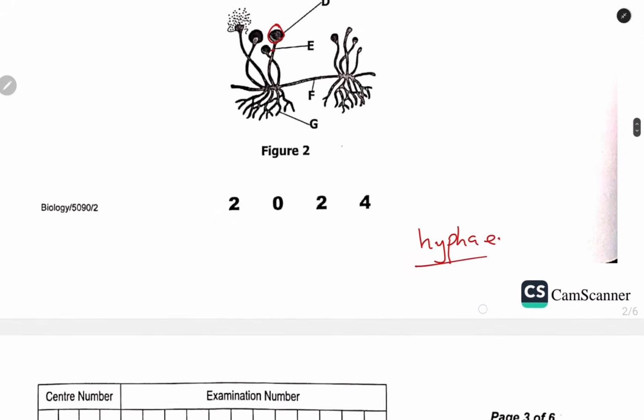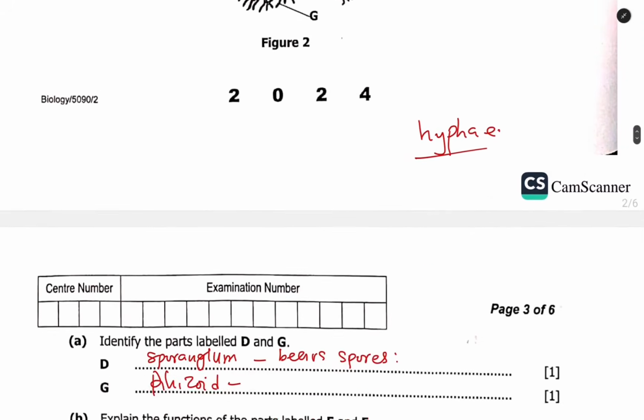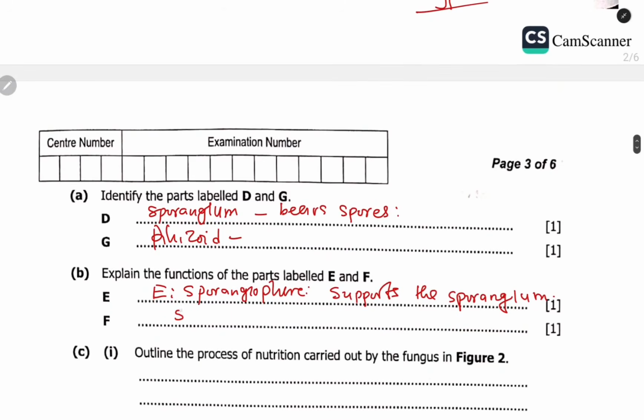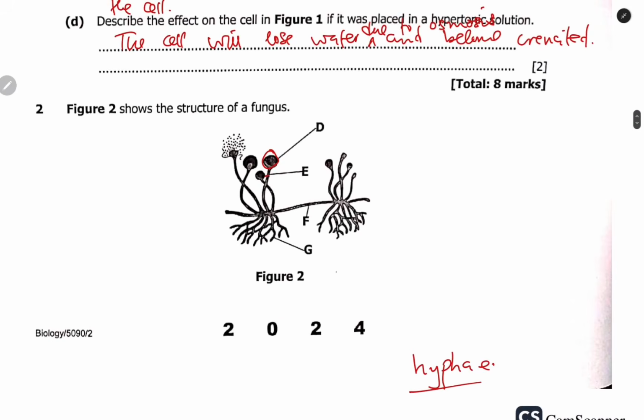Then what about F? Part F is called the stolon. If I look at the stolon, it's the horizontal one.